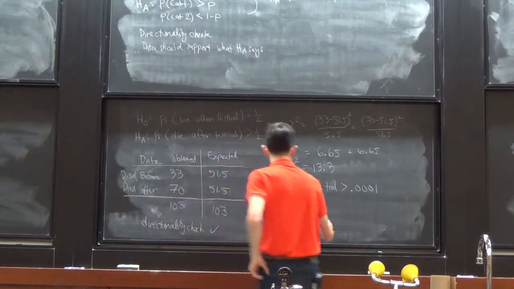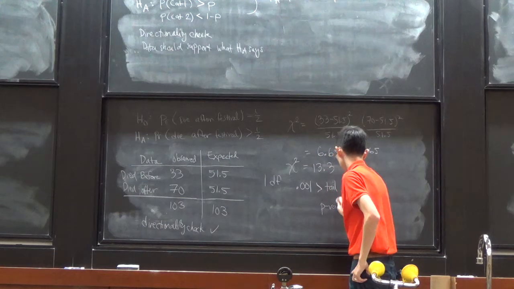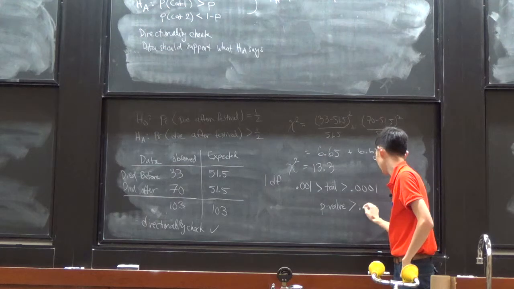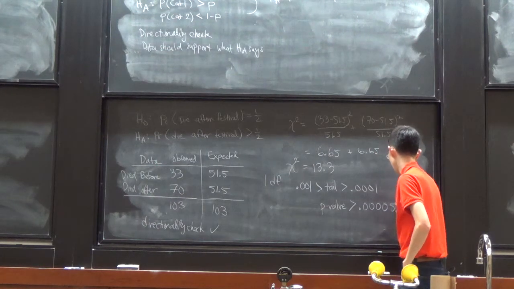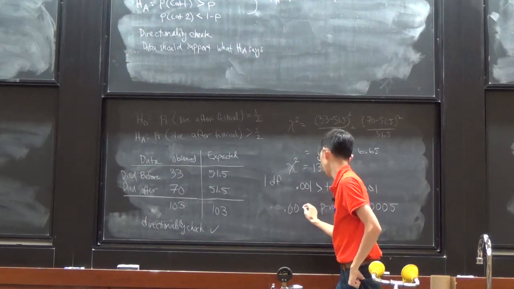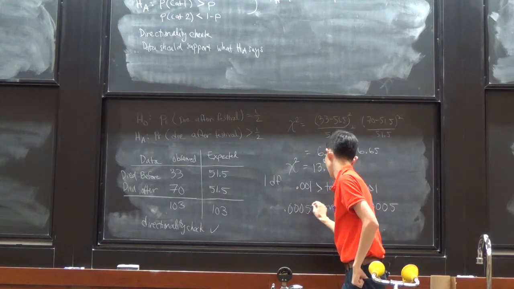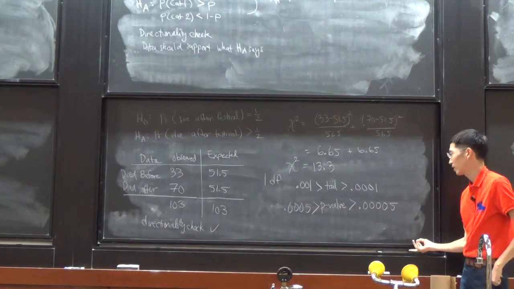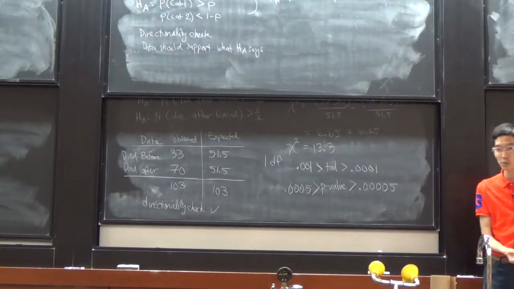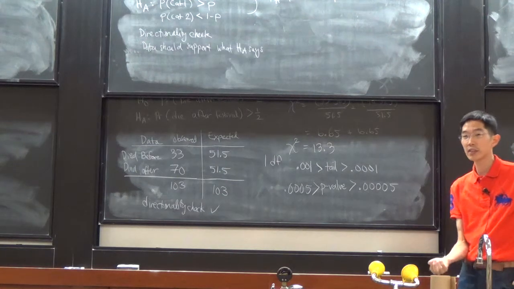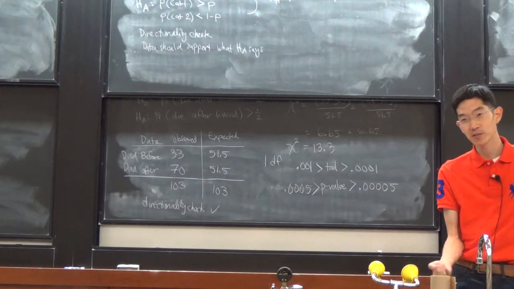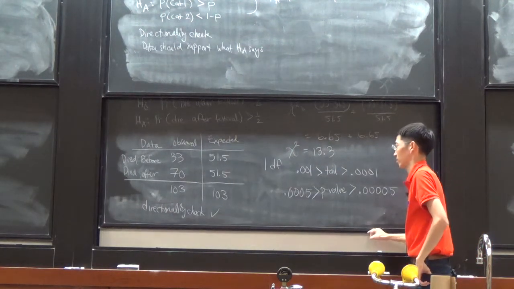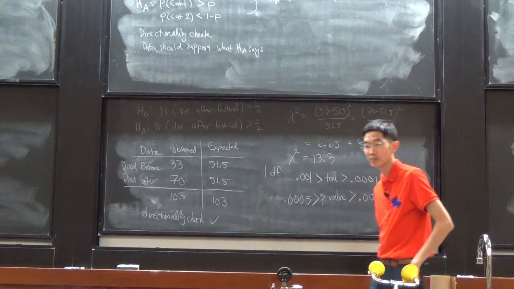And so that means when we calculate our p-value, we would take our tail area and divide that by 2. So we have a p-value that's between 5 in 10,000 and 5 in 100,000. So a very small p-value.